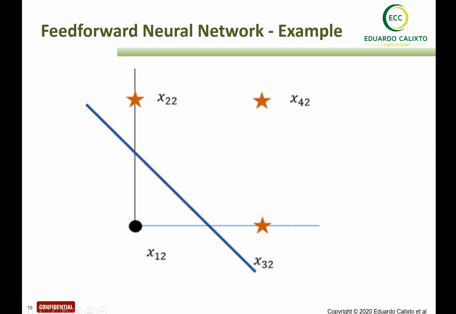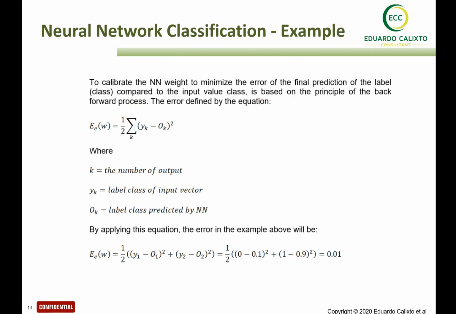Graphically, the first point is class 0, and the other points are a different class. So we can split the region in the graph here and classify these 4 points into 2 classes. And that's the principle that we have in the neural network.